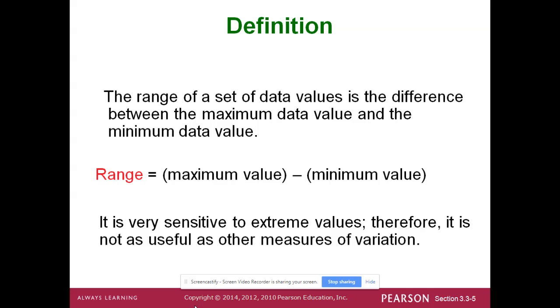Anytime you have extreme values, your measures of center can be affected quite a bit, especially mean. Your range could also be affected, and your mid-range would be affected a lot too. So if you've got some outliers, that range is sensitive.